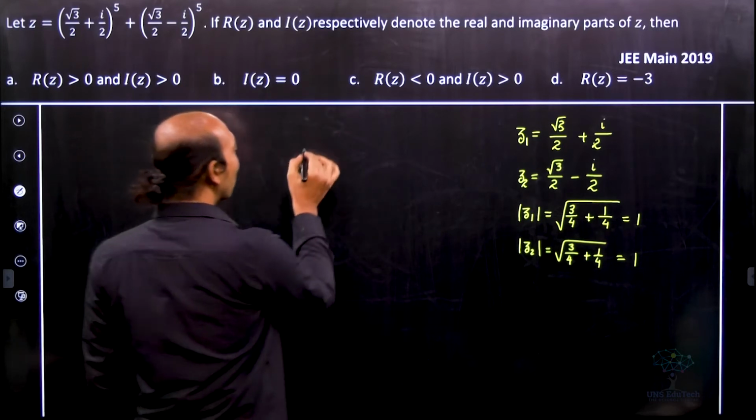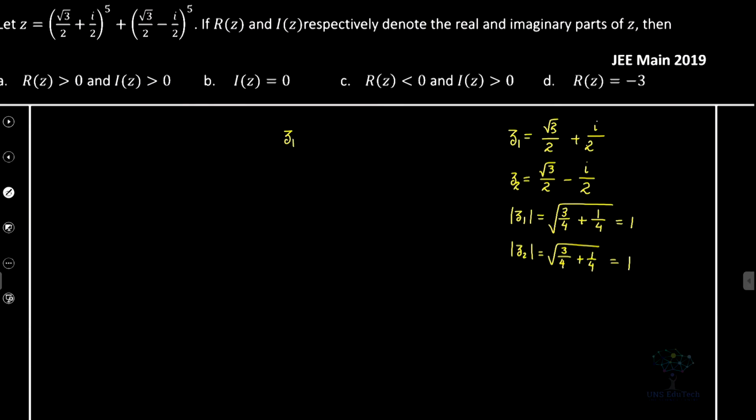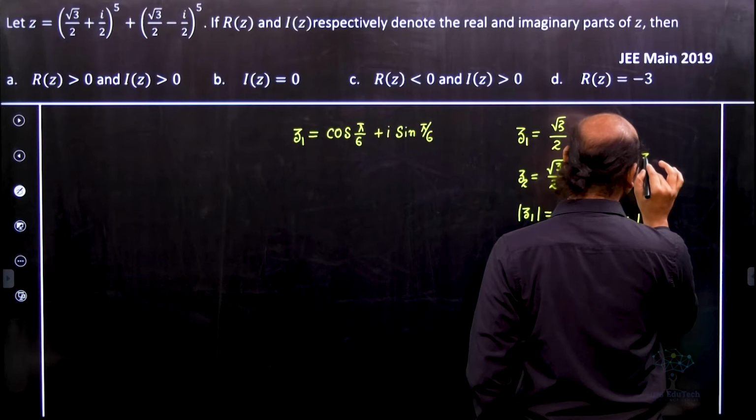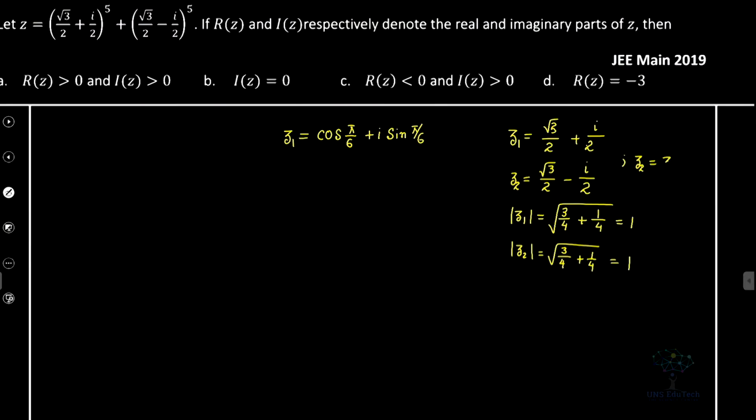So the complex number z1 can be written as cos pi by 6 plus i sin pi by 6.